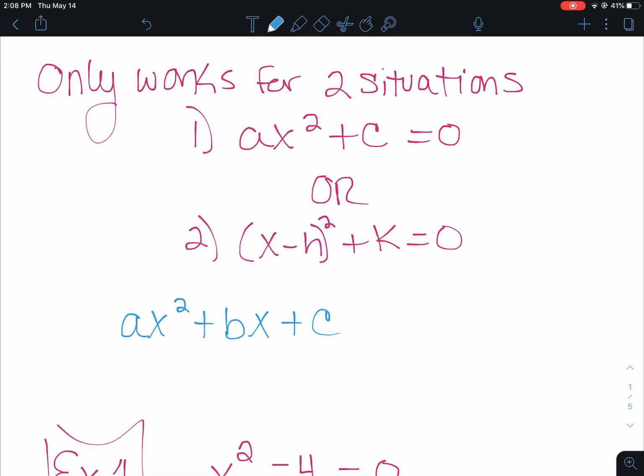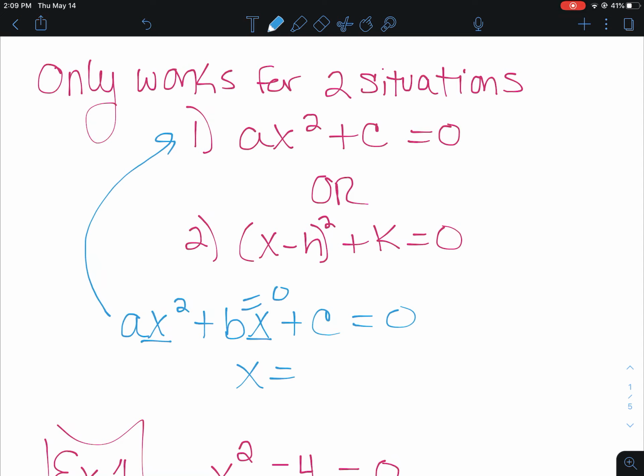If we do something like this, we sort of have to factor it to get the x's alone, because when you have an x squared and an x, I'm not just going to be able to solve this and get x equals, right? That's going to cause too many problems. So we can only do it when b is equal to 0, and that's what I've written up here first.